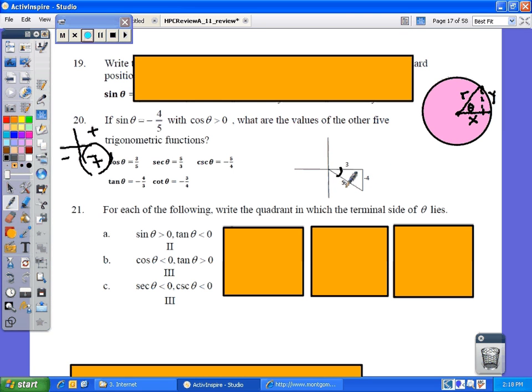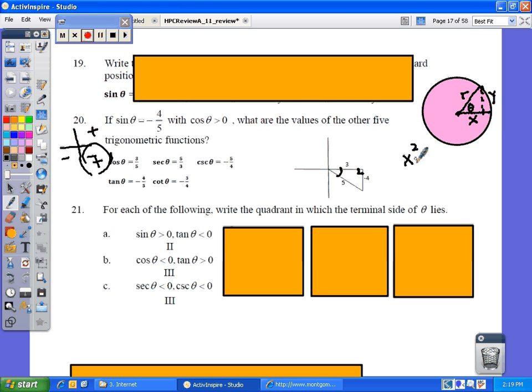So I know that -4 is here and 5 is here. Now I wouldn't have known this third side. This happens to be a special right triangle, and if you know the Pythagorean triple 3, 4, 5, you know that this side has to be 3. If you didn't know that, then you would have to actually do the Pythagorean theorem.